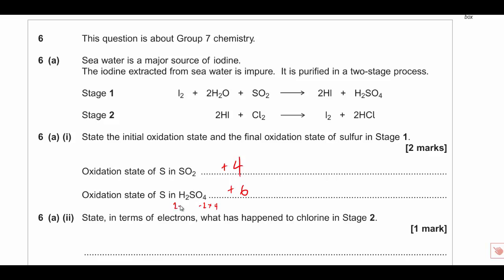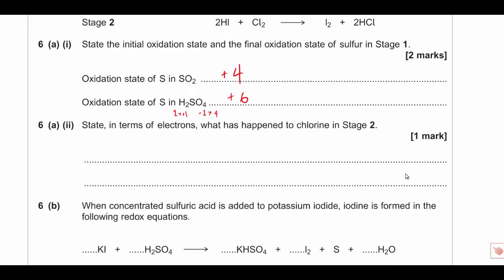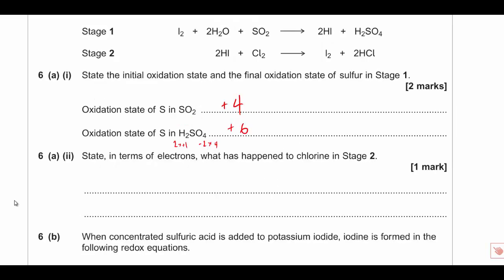Each hydrogen is +1. The sulfur therefore must be +6, so the whole thing balances to give 0 as its overall state. State in terms of electrons what has happened to chlorine in stage 2? So chlorine has gone, I'm going to draw it out, I think it's always useful here.